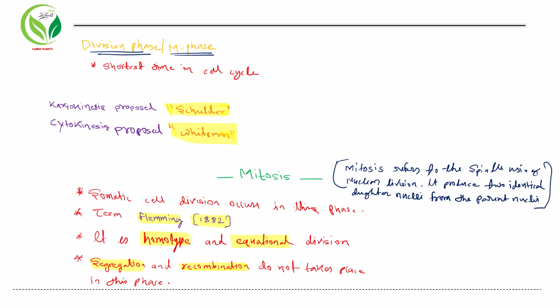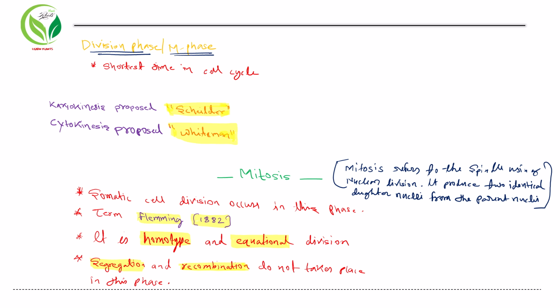So yes, mitosis refers to spindle-using nuclear division, and it produces two identical daughter nuclei from the parent nucleus.